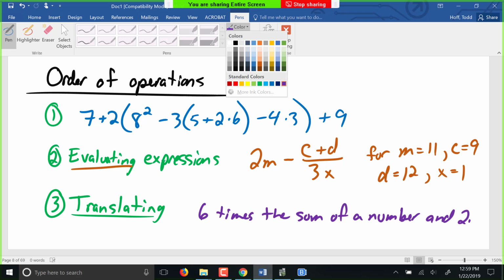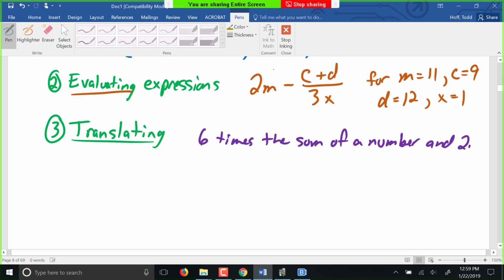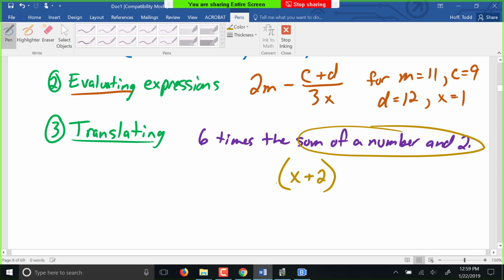Because we know that order of operations says we multiply before we add, if we want to do the addition first, the sum of a number and 2 had to come first. We used parentheses to signify that we did the x plus 2 first and then times the 6.